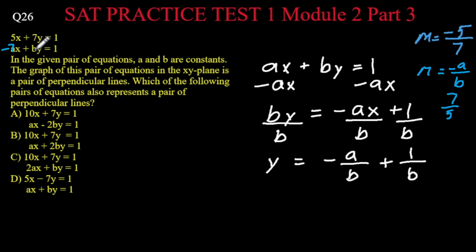And b must be 5. So look at what happened here to see a pattern. The a and b switched, the b became negative, and a switched to being the b on the second one.